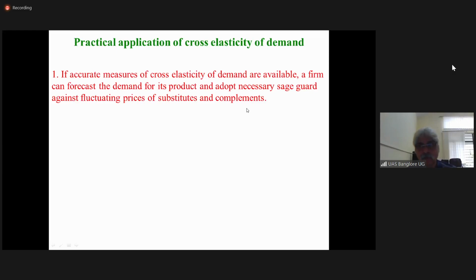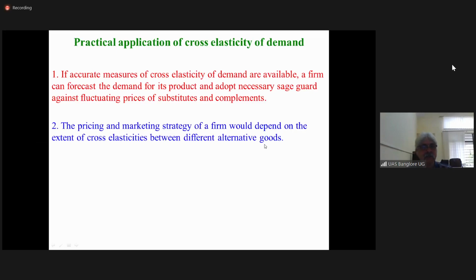what will happen if the price of coffee increases, what will be the response of the consumers, whether they are addicted to coffee or whether they can switch over from coffee to tea. If you have this information, then you can adjust your business to changes in the market. The pricing and marketing strategy of a firm would depend on the extent of cross elasticity between different alternative goods.